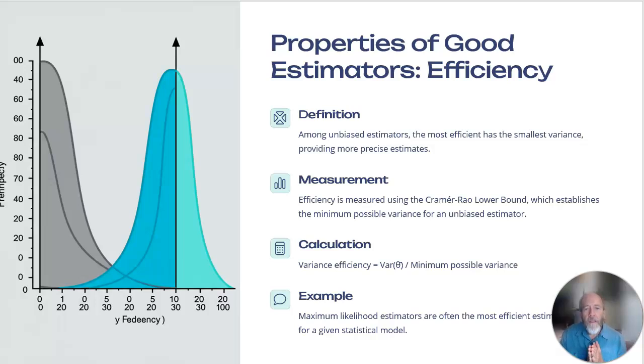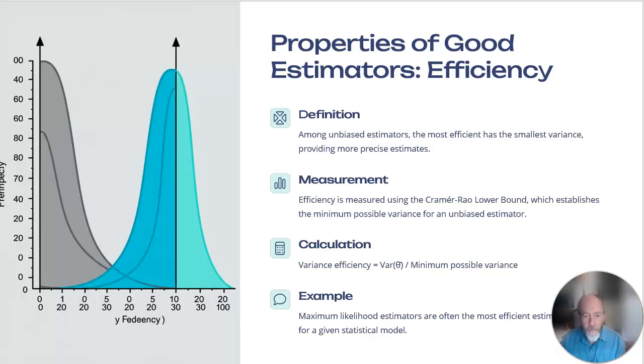If you have an unbiased estimator, the most efficient estimator is the one that has the smallest variance. Now remember, the estimator is the rule or function you're using to come up with the actual estimate.